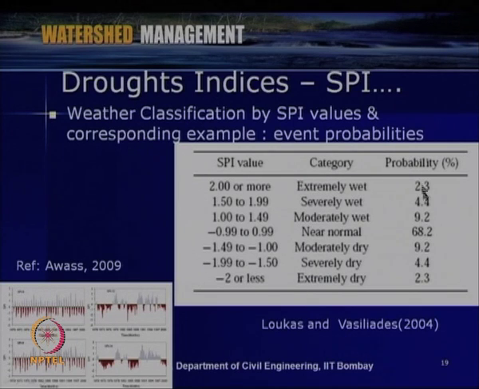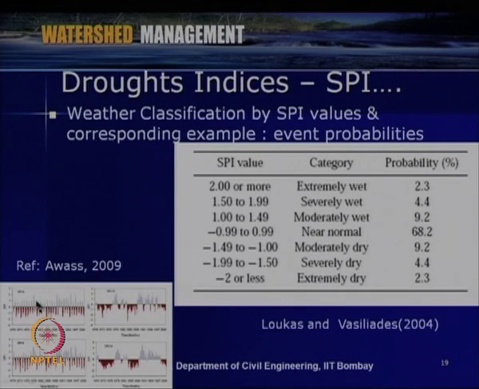So, this is a particular station. The corresponding probability we can identify depending upon the area and the data. So the probability percentage we can identify for the given area, and from that we can identify whether there is any possibility of drought, and how amenable the particular area is to drought.